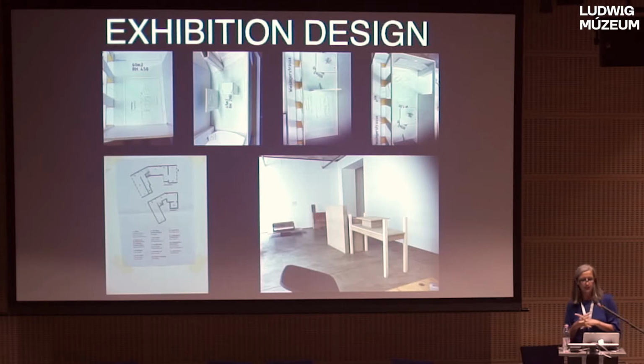So the exhibition design in Vienna and in Hong Kong was done by Wolfgang Viel, an architect from Vienna who is an expert on exhibition design with so-called poor materials, or arte povera, or materiale povere.